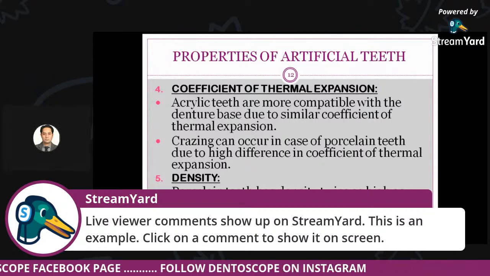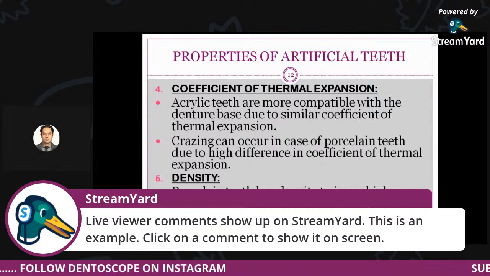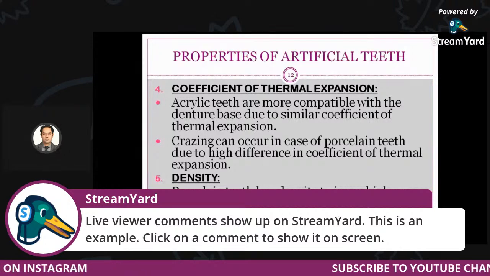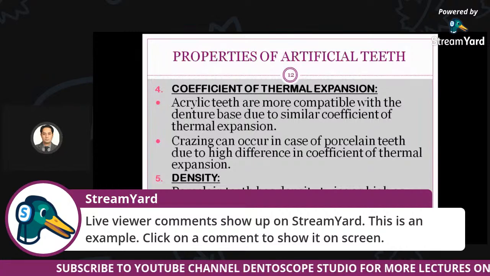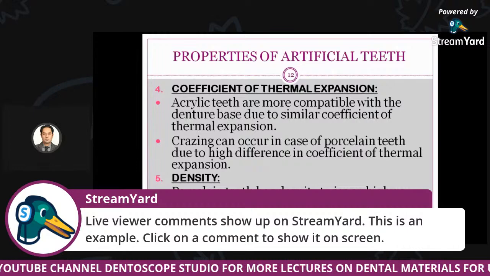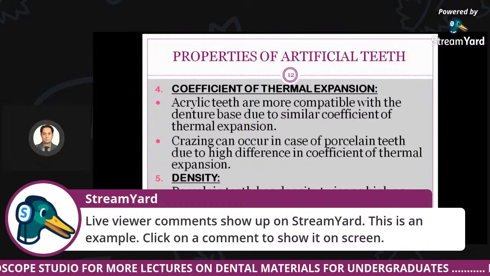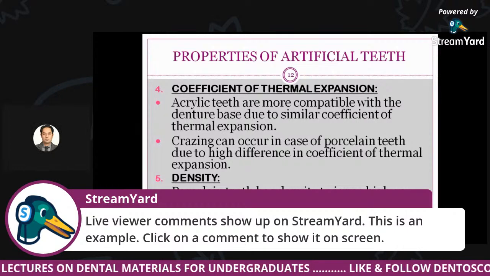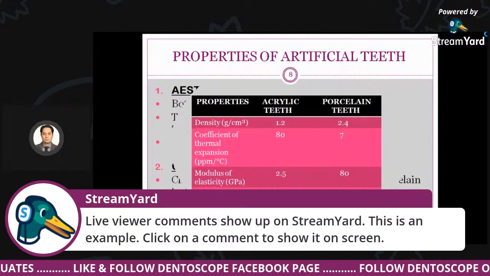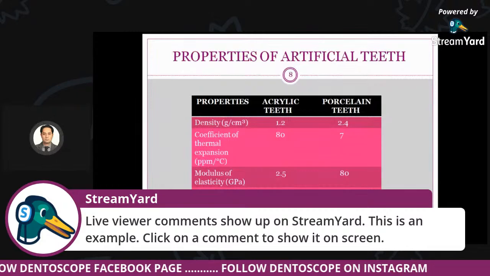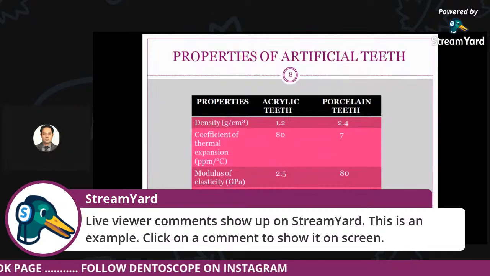The denture made from porcelain teeth is going to be much heavier compared to dentures having acrylic artificial teeth. Because if we go back again, here you can see the density.